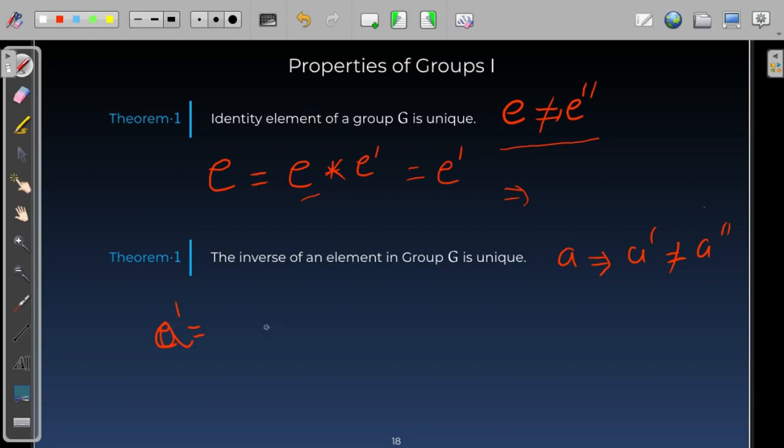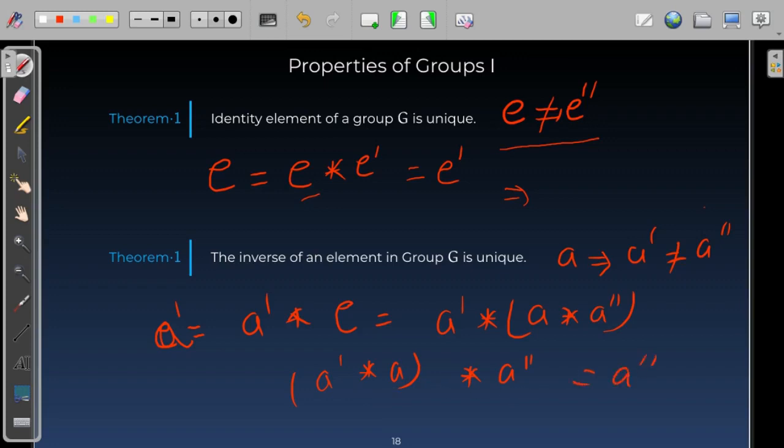So A dash can be written as A dash with the group operation E, and then I can write this E as A operated with A double dash, because A double dash is the inverse of A. So when we operate these two, I will get A dash, and if I change the order, I will get A double dash A, which is going to be E, and then E operated with this is going to give me A double dash.